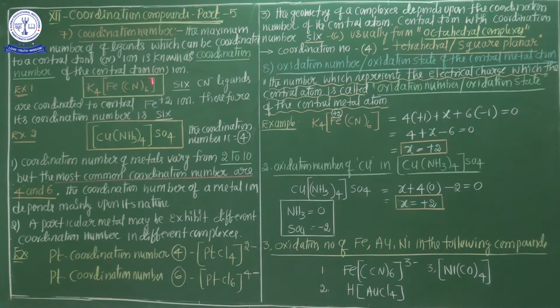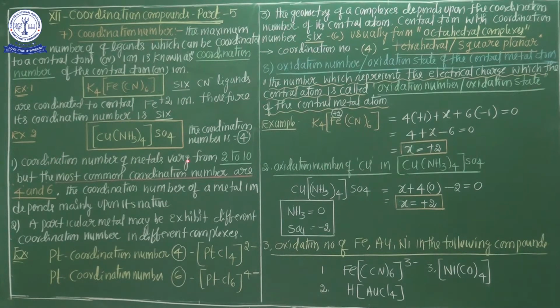Once again, the maximum number of ligands which can be coordinated to a central atom or ion is known as the coordination number of the central atom or ion. In potassium ferrocyanide, the coordination number is 6, and in copper ammonium sulfate the coordination number is 4. Next, some important points regarding coordination number.